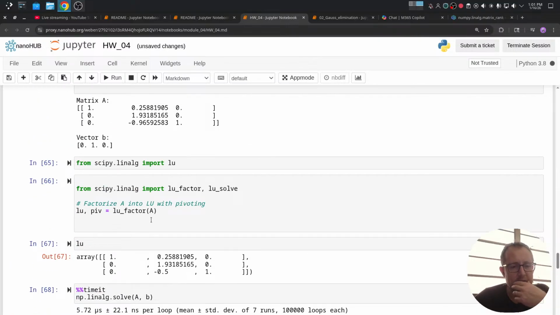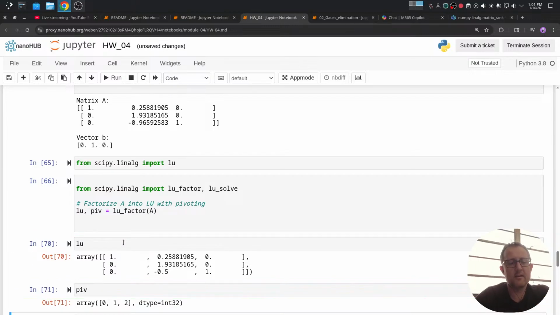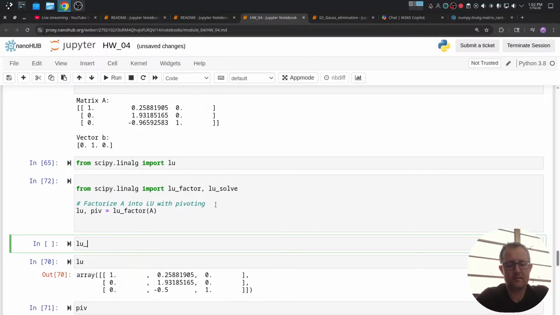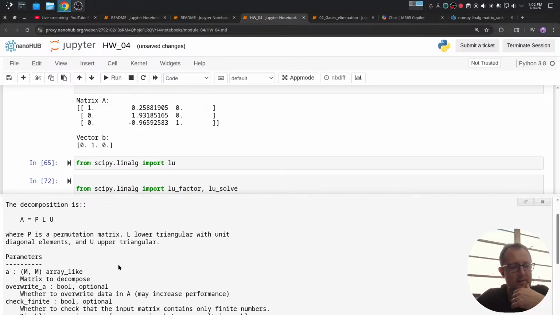This LU gives me that, and PIV gives me this, a 0, 1, 2. What does this LU factor do? I know I've looked at this before, but now I'm trying to remember.